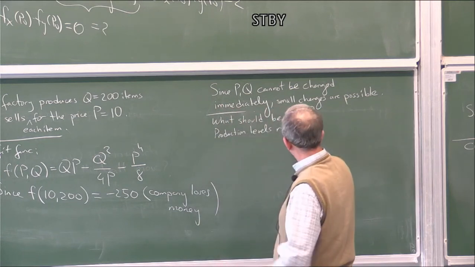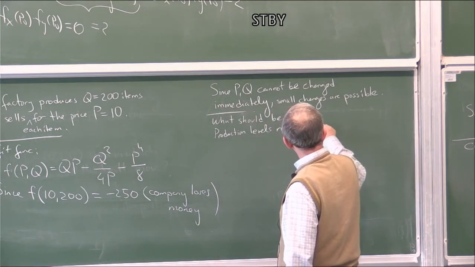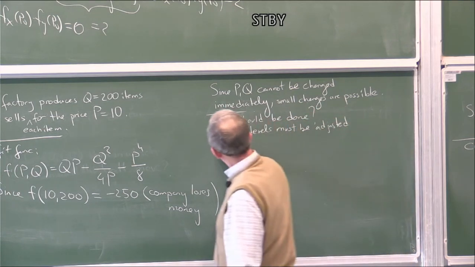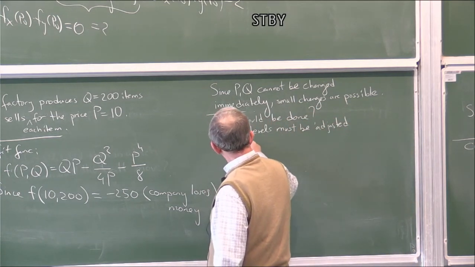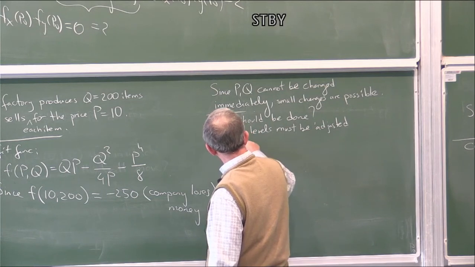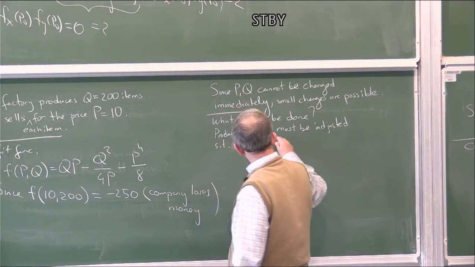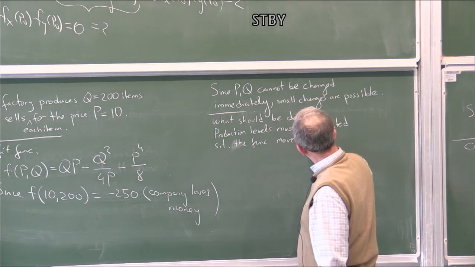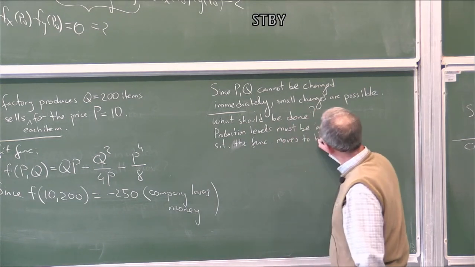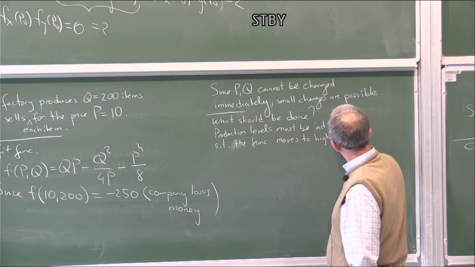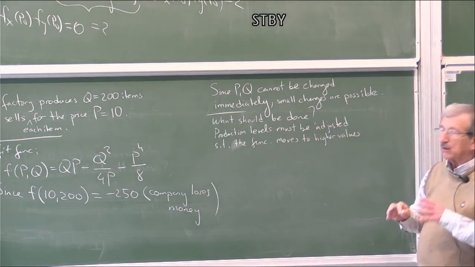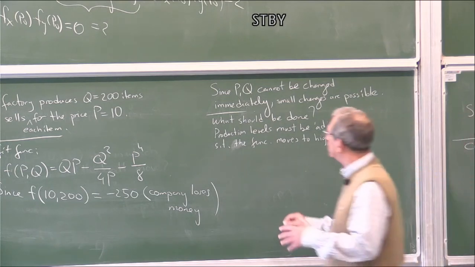So the production level and price must be adjusted such that the function moves to higher values in the fastest way.